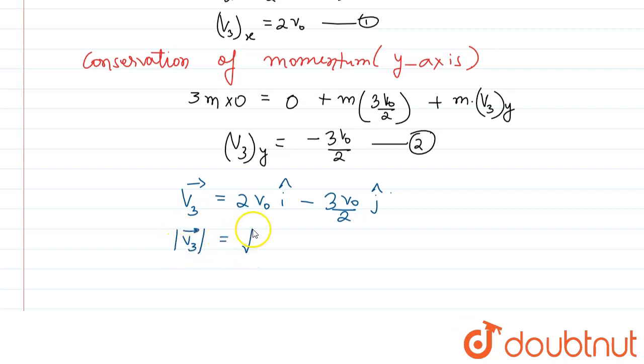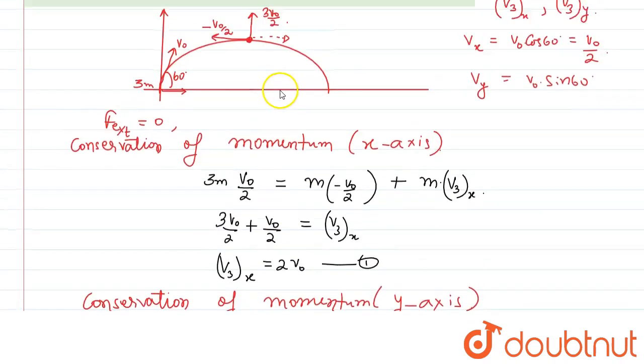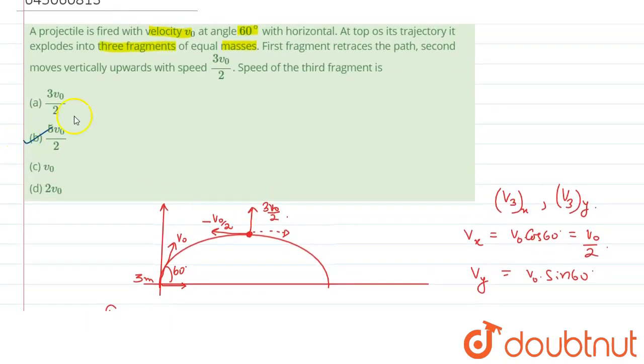So that will be root of 2v0 squared plus 3v0 by 2 whole squared, and this gives us root of 4v0 squared plus 9 by 4 v0 squared. So this gives 25 v0 squared by 4, and the speed comes out to be 5 by 2 v0. So option B is the correct one.